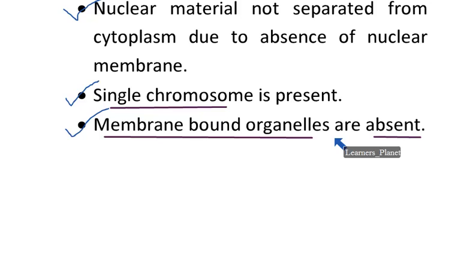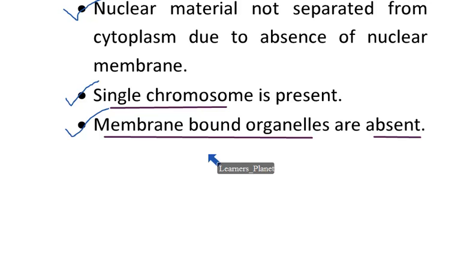But in the case of prokaryotes, this nuclear material or region is present but the membrane is absent. It is not present as a membrane bound organelle. Rather it is membrane-less. We can conclude that whatever organelle is present is going to be membrane-less, and whatever is membrane bound is strictly absent.